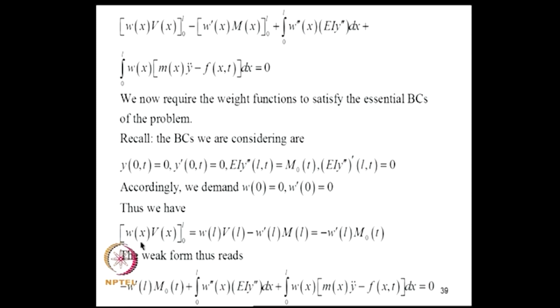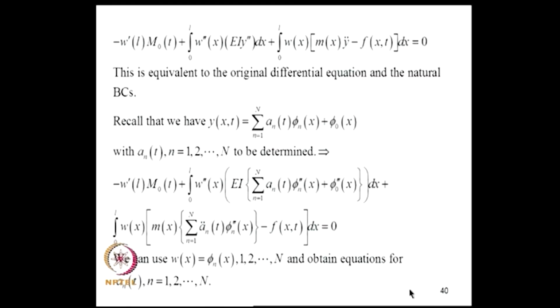Thus, we have w of x, v of x from 0 to L will be simply this, and the weak form, with this understanding that the weight functions satisfy the geometric boundary conditions, we get as this. This can now be used to proceed further with the problem. So, this is equivalent to the original differential equation and the natural boundary conditions.